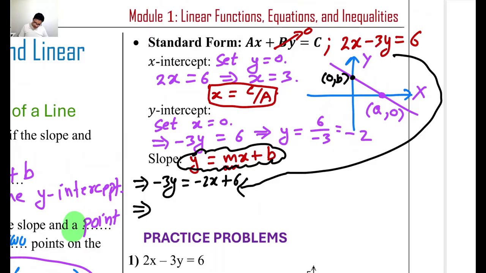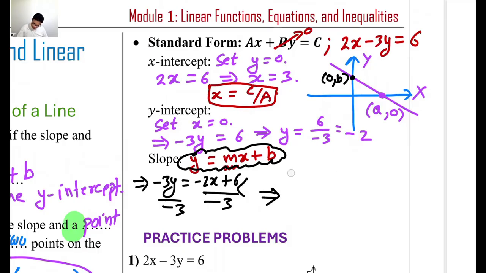Now divide both sides by negative 3, and what does that give you? That gives you y equals, now you have to distribute that negative 3.